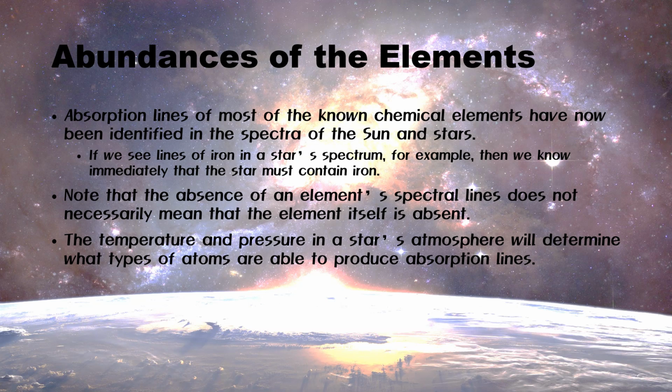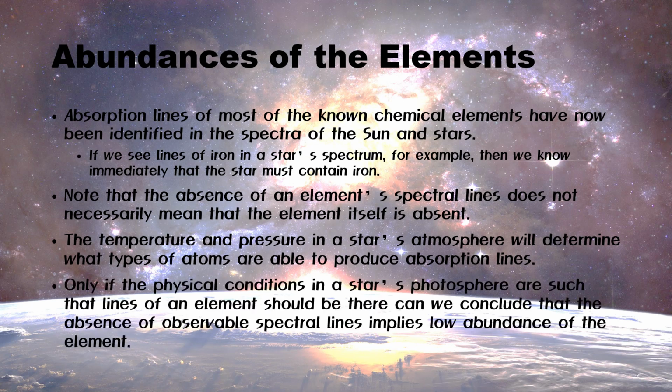The temperature and pressure in a star's atmosphere will determine what types of atoms are able to produce absorption lines. Only if the physical conditions in a star's photosphere are such that lines of an element should be there can we conclude that the absence of observable spectral lines implies a low abundance of that element.